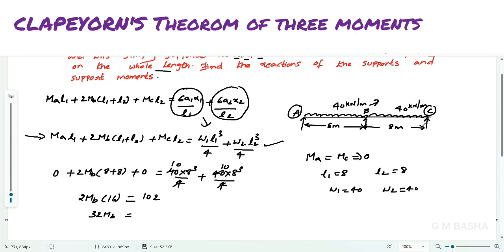You will get around 10240. Finally, take the MB value outside, so MB will be around 320 kilonewton meter. So this is the moment at support B, and MA and MC will be 0.